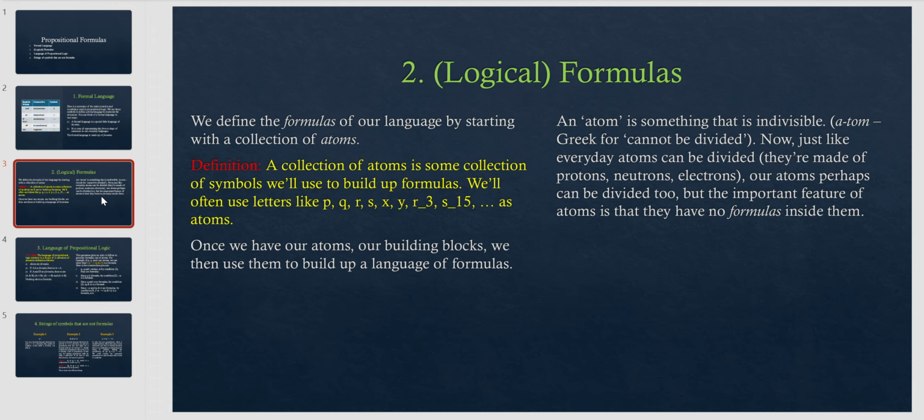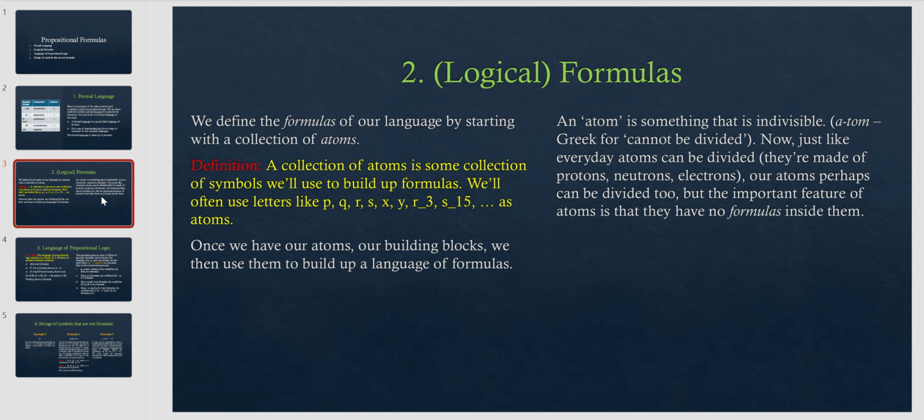And what is an atom here? An atom is something that is indivisible, and it is a combination of 2 Greek parts, a plus tom. And the etymology of this word means something which cannot be divided.